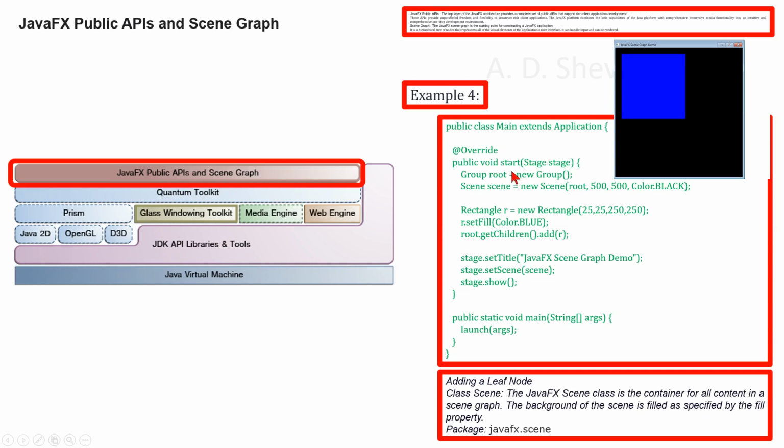In this case, it is overridden and receives a stage object, a top level GUI container, as its only parameter.